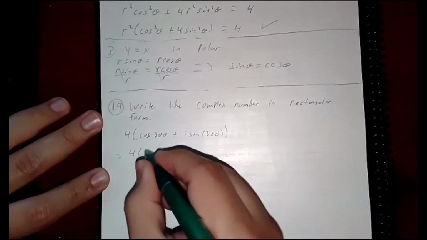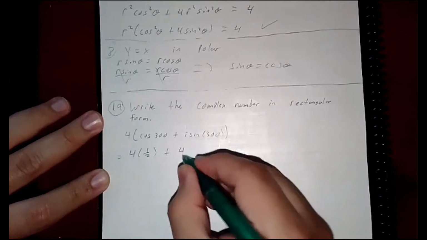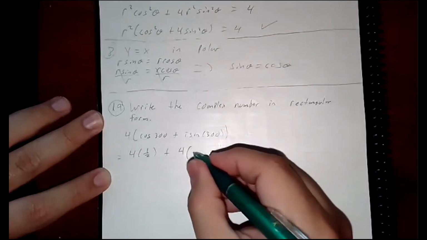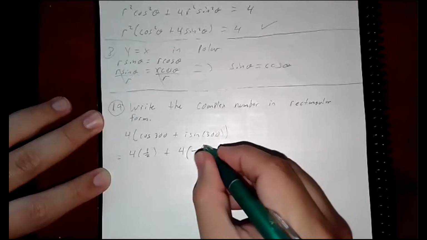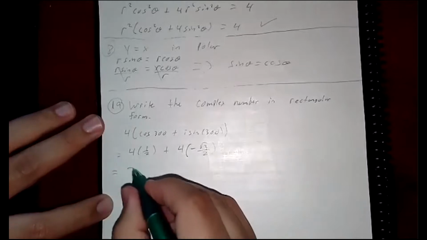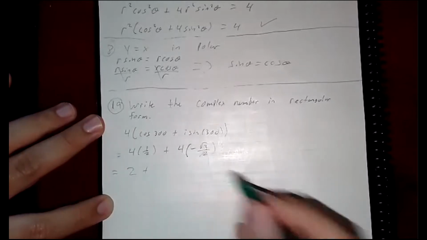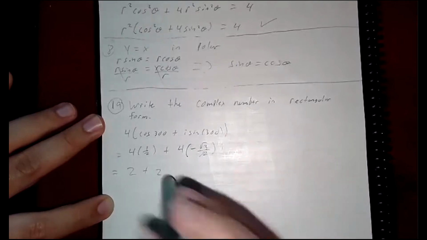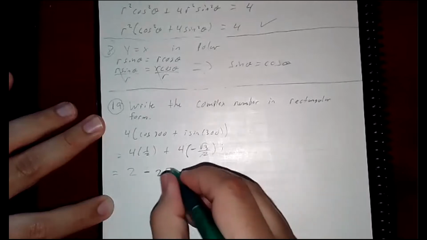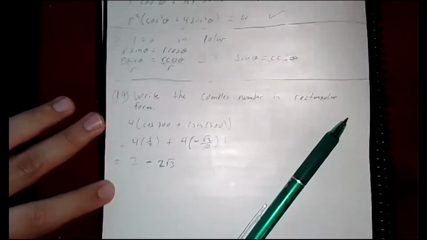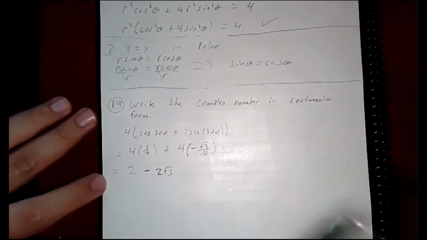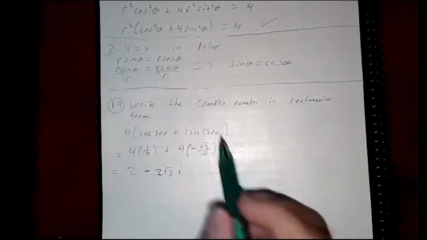And so it'd be 4 times 1/2 plus 4 times negative square root 3 over 2 I. So that'll be 2 plus, this reduces by 2 to negative 2 square root 3, oops, I can't forget the I. So really all you're doing is plugging in the numbers.